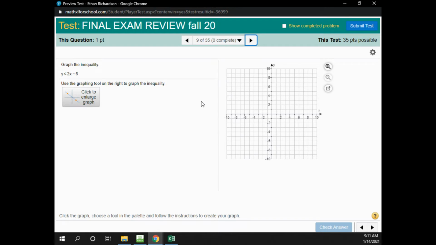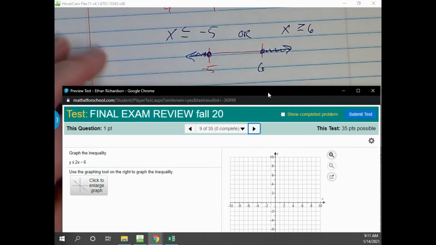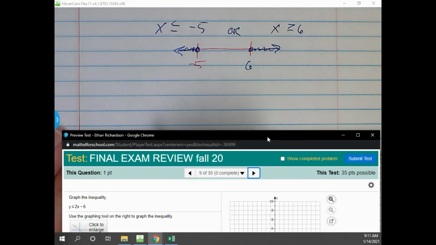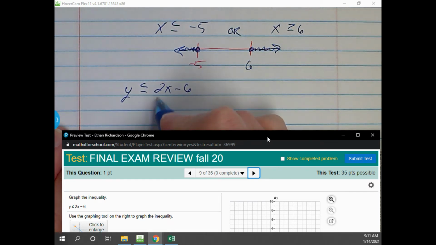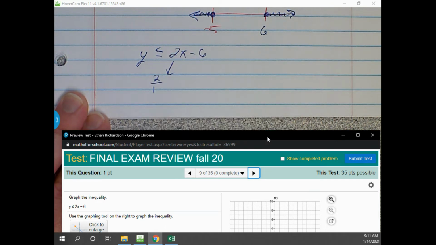Okay, number 9. And again, we'll do this one on the part here so y'all can see it too. For this one, we're going to graph y is less than or equal to 2x minus 6. First thing is, I'll pull this down for just a second, that if we're doing y is less than or equal to 2x minus 6, you've got to know what those two numbers are. So in this case, the 2 is your slope, which is making it a fraction, so it's 2 over 1.